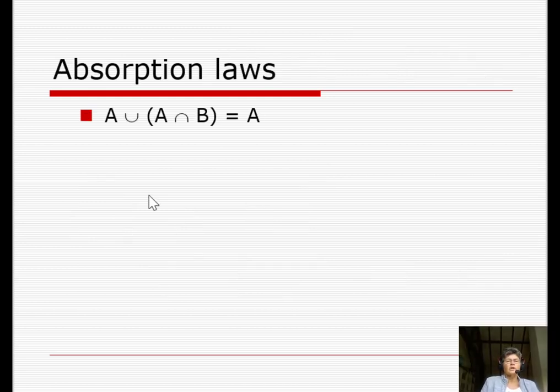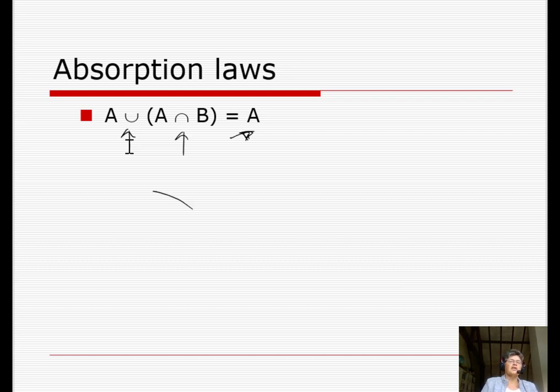Two extra laws we'd like to show you are the absorption laws. And the first one we'll do is with the union first and then the intersection. So if we make a Venn diagram, you can easily see that this will indeed turn into A again.